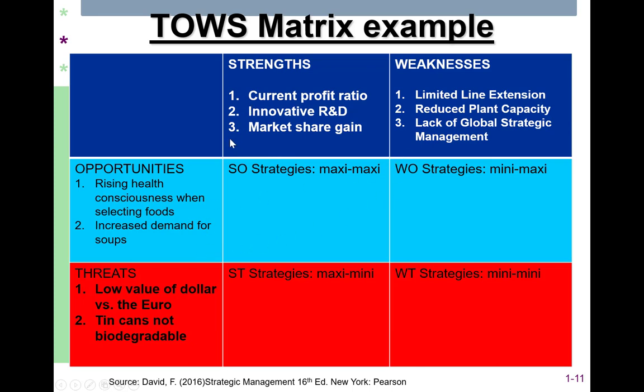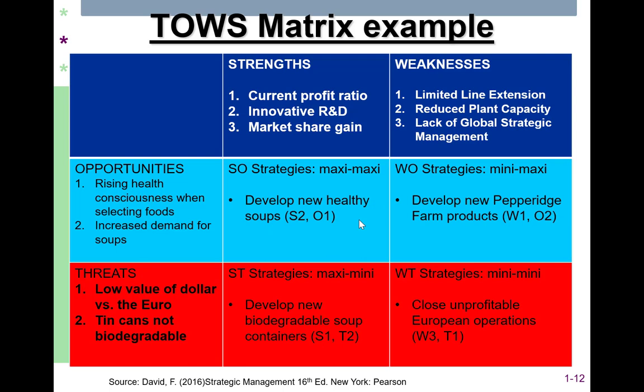So we've numbered them, and there's a reason we've numbered them, to kind of match them together. So let's go to the next one. And what we've done here is looked at our strengths and our opportunities, and this is in the SO quadrant. SO strategies, strengths, opportunities.